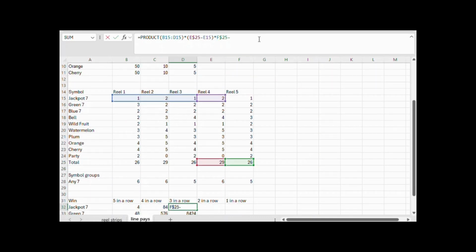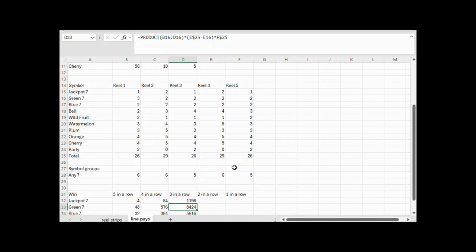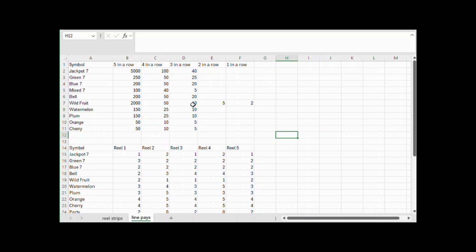So I'm going to subtract out the number of ways the player can get a Jackpot 7 symbol on reels 1 to 3 times the number of ways you can get a green 7 or a blue 7 on reel 4, and then times the number of ways you can get anything on reel 5. So that brings down that number of combinations to 1,196.